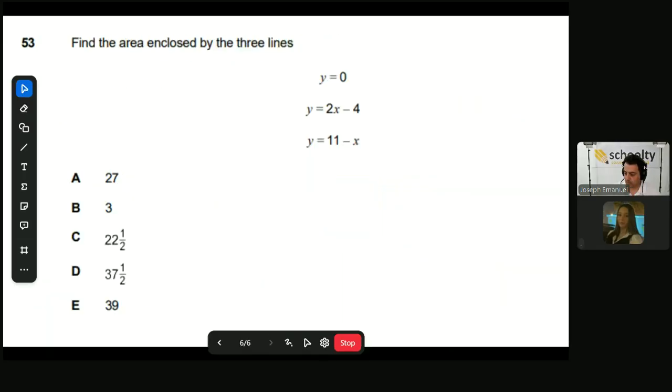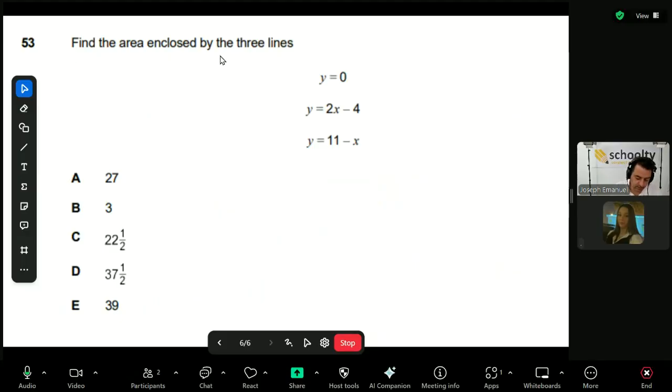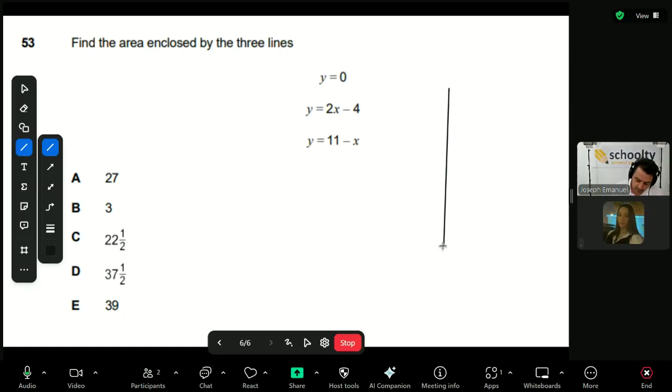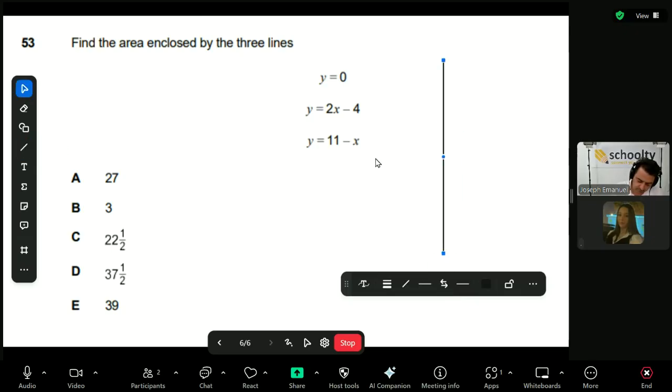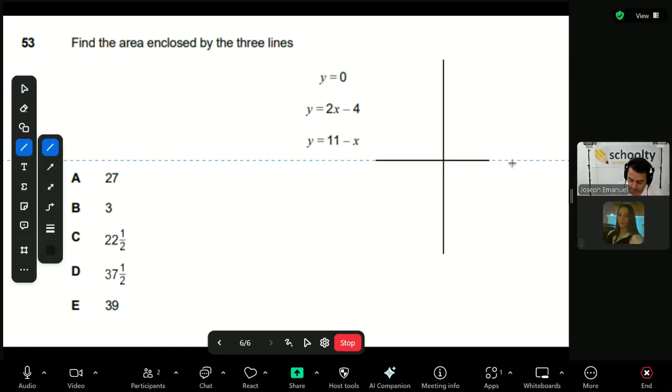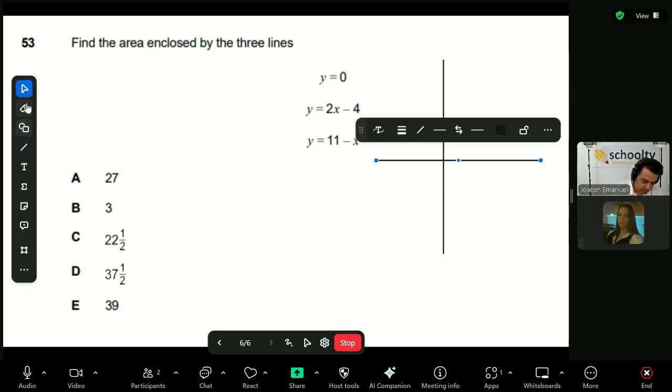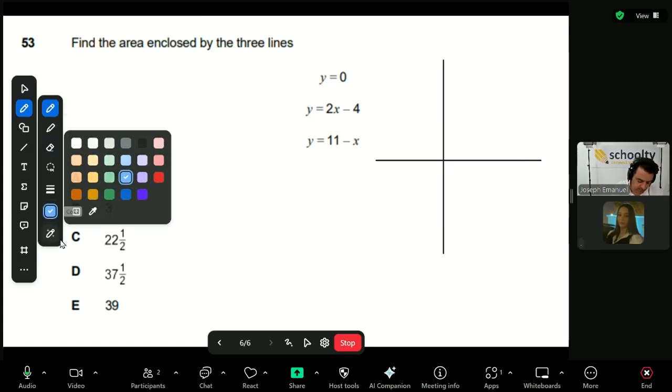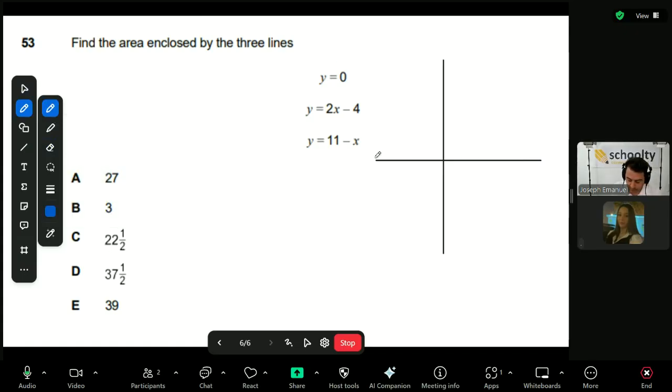Next. Okay, let's continue. We have: find the area enclosed by the 3 lines. Let's see these 3 lines. So the 3 lines are y equals 0.